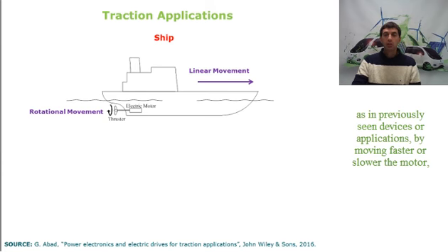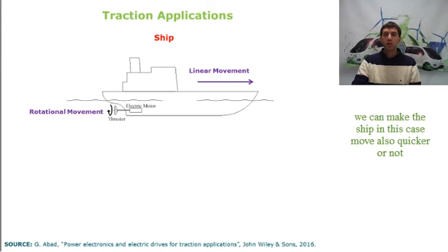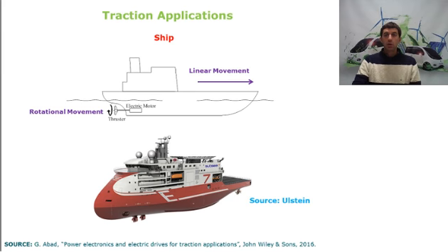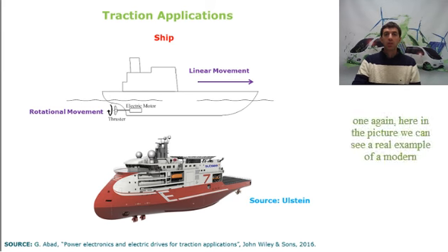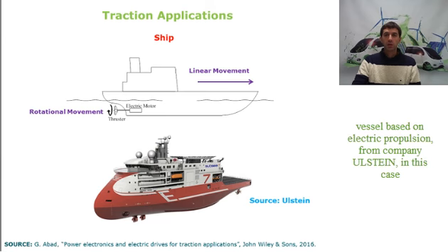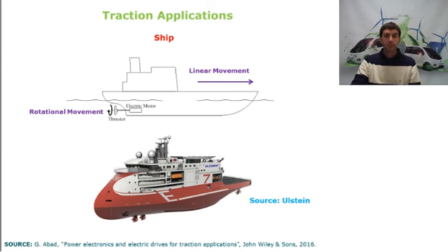As in the previously seen applications, by moving the motor faster or slower, we can make the ship move quicker or not. Once again, here in the picture, we can see a real example of a modern vessel based on electric propulsion, from the company Ulstein in this case.